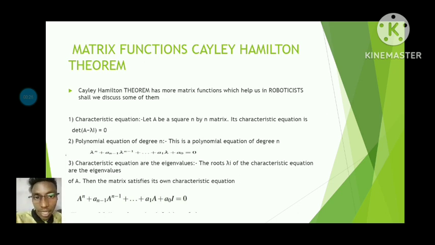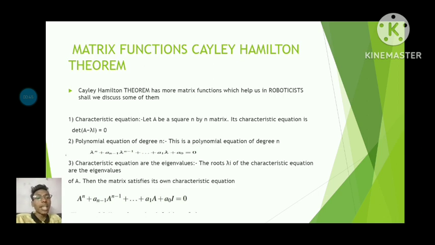Now we see the characteristic equation. For A, a square n by n matrix, its characteristic equation is the determinant of A minus lambda I equals 0.